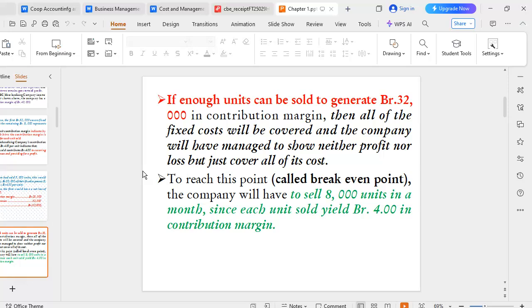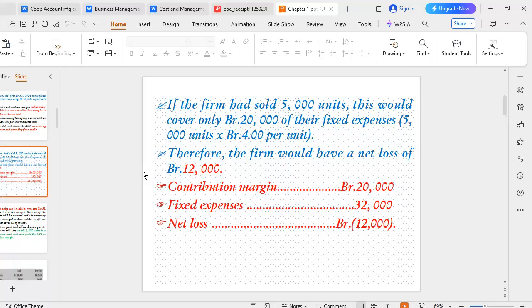If enough units can be sold to generate 32,000 in contribution margin, then all of the fixed costs will be covered and the company will show neither profit nor loss, but just cover all of its costs. If we have sold only enough to generate 32,000, we cover only our fixed expense.